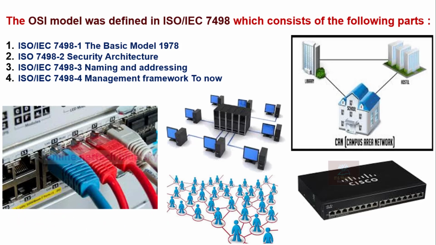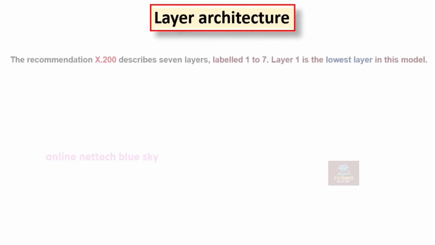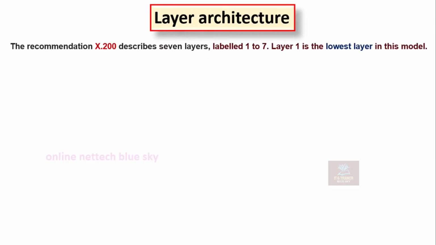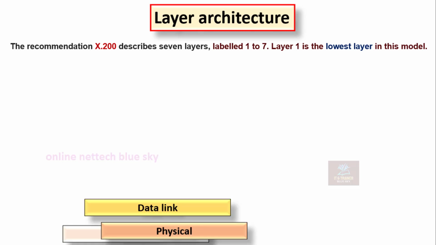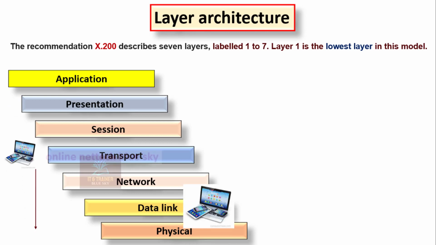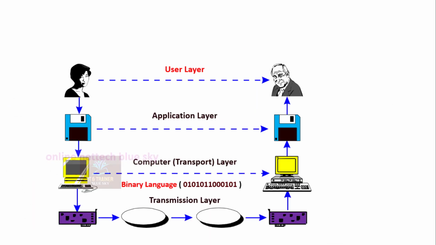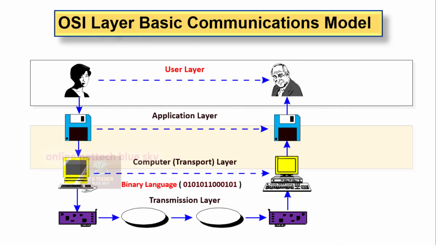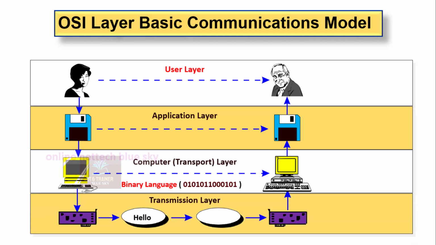Time to time, the OSI model was created from a basic model to an advanced level model. In my last previous video I told you what a layer of architecture is, how files are sent and received, and what the basic communication model is in a computer, transferring files from one side to another.